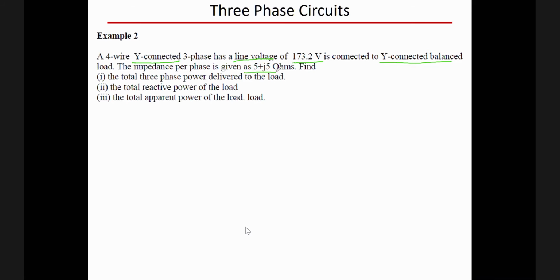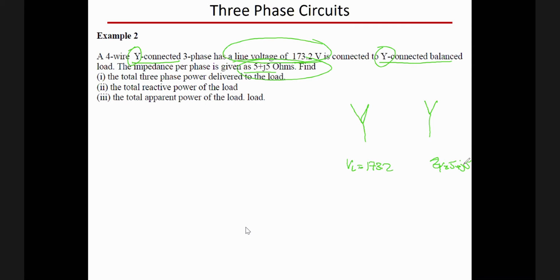So what do we know about this system? We know that it's Y source, Y load. The line voltage is 173 and the load is 5 plus J5. So this is the source, this is the load. V line is 173.2 and ZY is 5 plus J5 ohm.